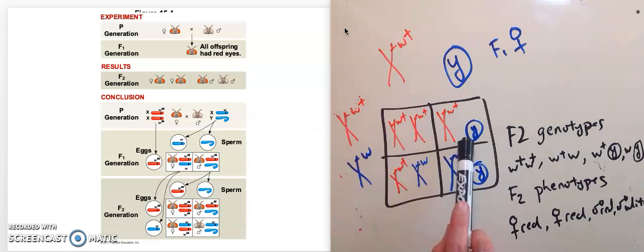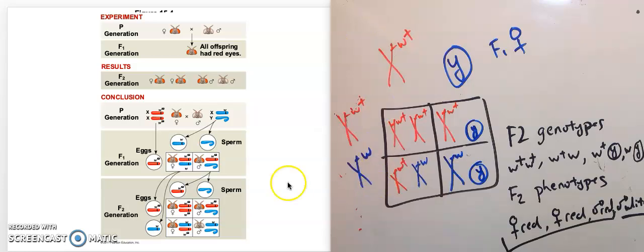It has none of the same genes, and they have the red eye phenotype. And then these males down here have just 1 copy of the recessive allele and have the recessive phenotype. So we get the same phenotypic ratio. 3 out of 4 have the red eye phenotype, 1 out of 4 have the white eye phenotype, but only the males have white eyes because the gene for eye color is on the X chromosome.